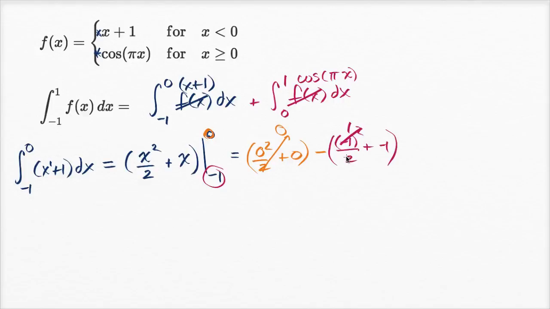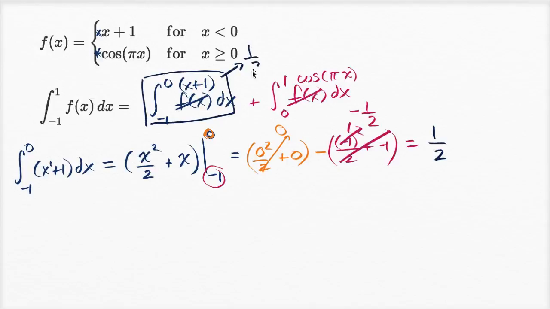So it's 1/2 plus -1. 1/2 minus 1 is -1/2. So all of that is -1/2. But then we're subtracting -1/2. 0 minus -1/2 is going to be equal to +1/2. So this first part right over here is +1/2.